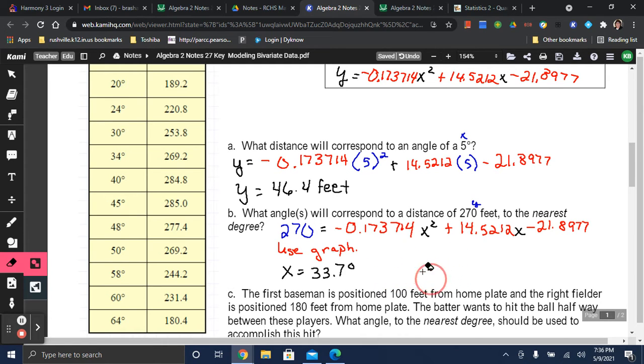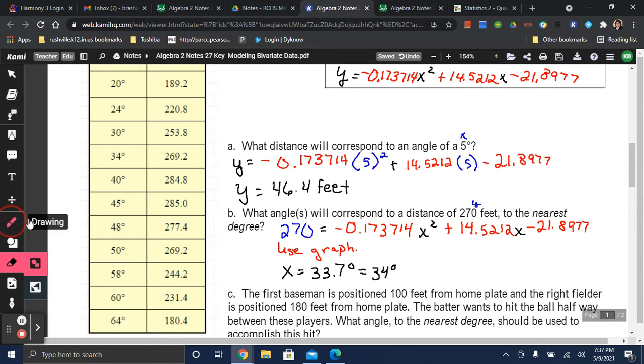So we would actually need to round that to 34 degrees. All right, and I accidentally erased just a little bit of that. Put that back. All right.